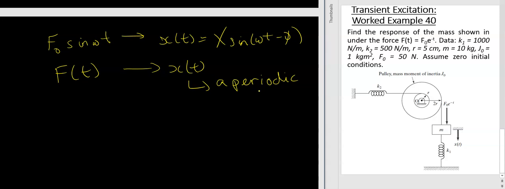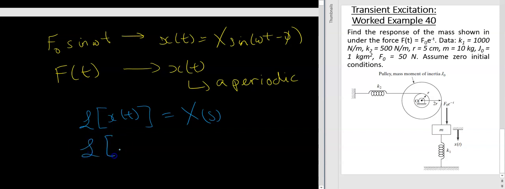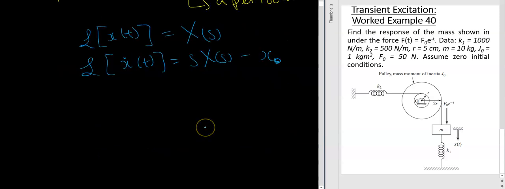Well, you just need to review that previous lecture and recognize that if you take the Laplace of, let's say, x(t), we know we'll get X(s). But if we take the Laplace of the derivative of x(t) with respect to time, or x dot (t), then we get sX(s) minus x0, where x0 is your initial displacement.